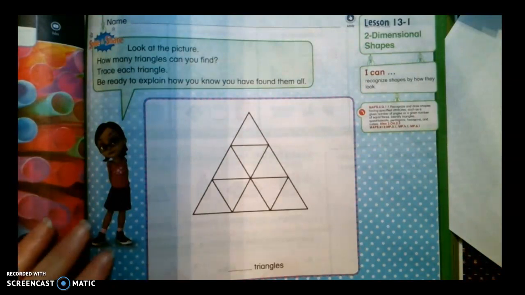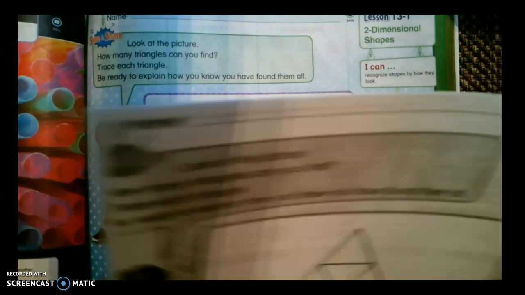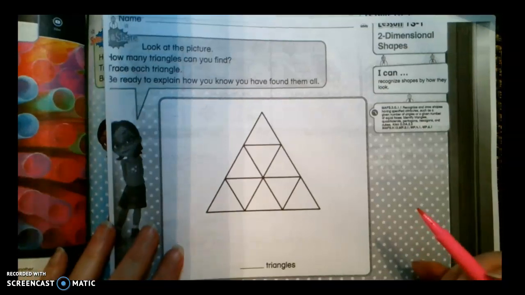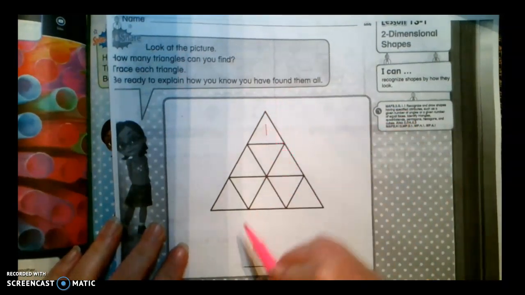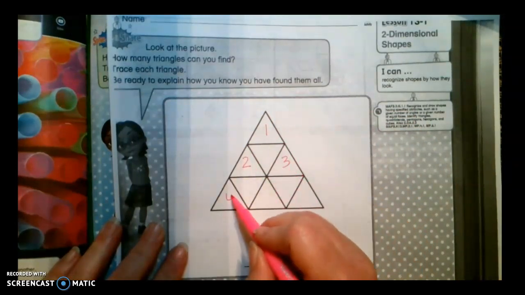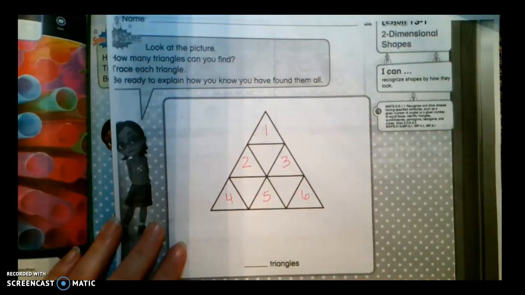We see our very first page of our workbook here, and I actually made some photocopies of it because I'm going to write all over it, but I want to write on it a couple of times. So I'm looking here, and we want to try to find all of the triangles. That's pretty easy. I see 1, 2, 3, 4, 5, 6 triangles, right?